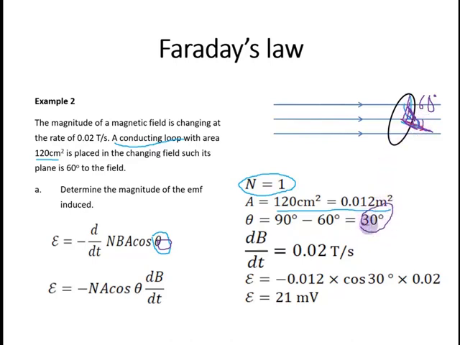This is what we are looking for. You have to be very, very careful. Listen to the question and make sure you find the angle between the magnetic field and the area vector, not the surface of the area. Alright, so we are looking for 30. That's what we have here.